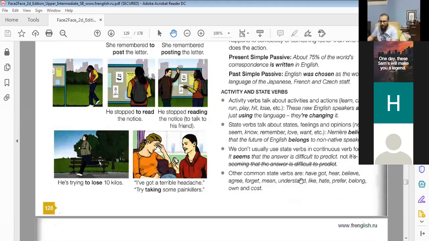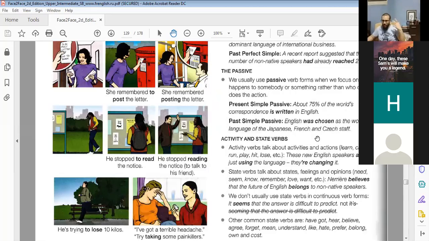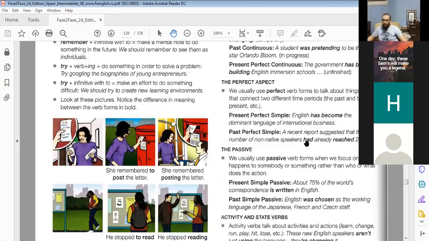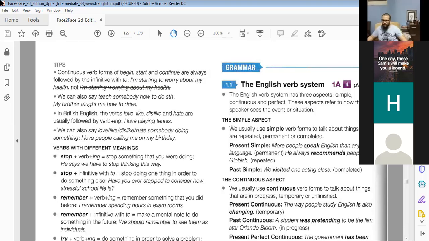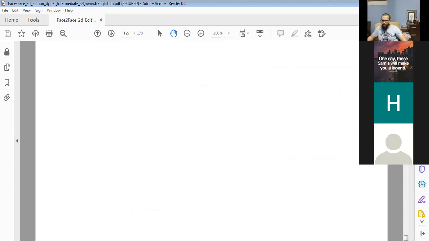Other common state verbs: have got, hear, believe, agree, forget, mean, understand, like, hate, prefer, belong, own, and cost. Okay, so there's nothing really new. It's more of a revision, especially for intermediate and maybe pre-intermediate B.